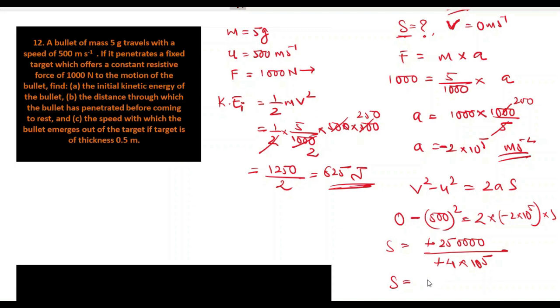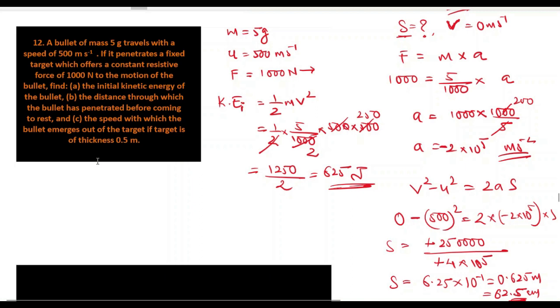So this will become 6.25, and there are 4 zeros and 5 zeros, into 10 raised to minus 1, or you can say 0.625 meter or 62.5 centimeter. Now this is what I can get at the best, 62.5 centimeter. So the bullet has penetrated a distance of 62.5 centimeter before coming to rest. That is what I'm getting.